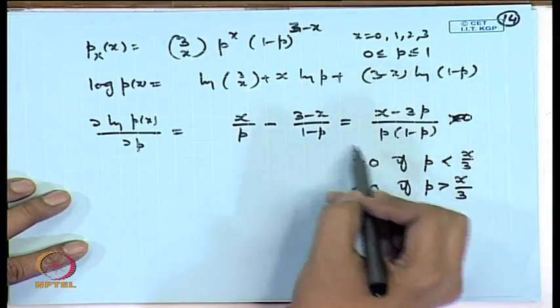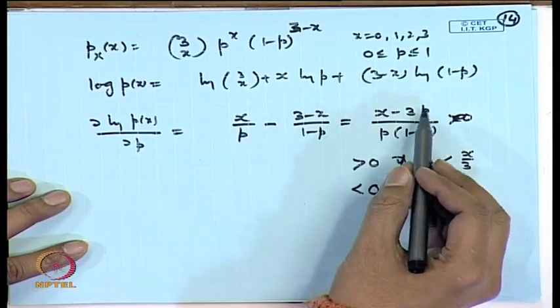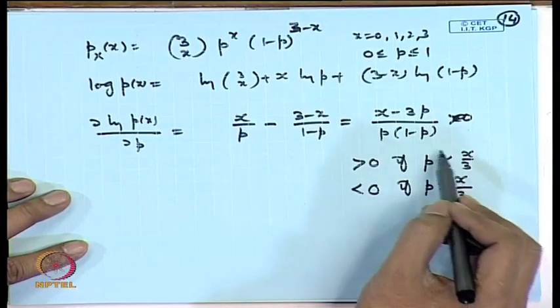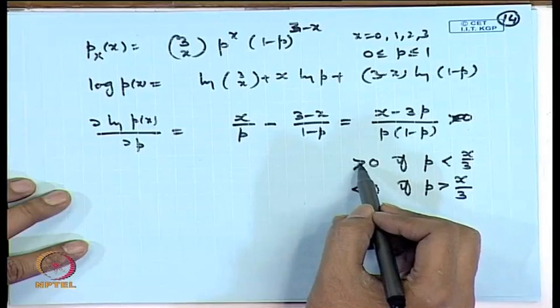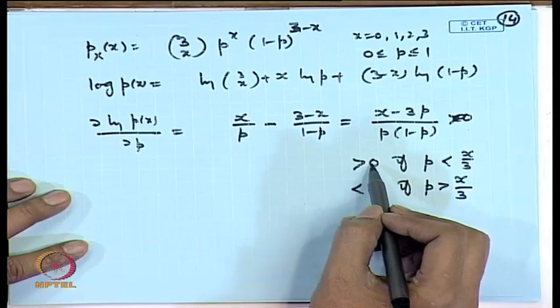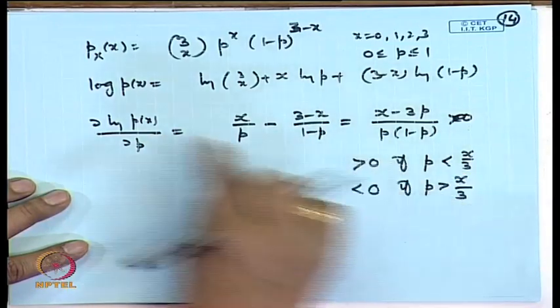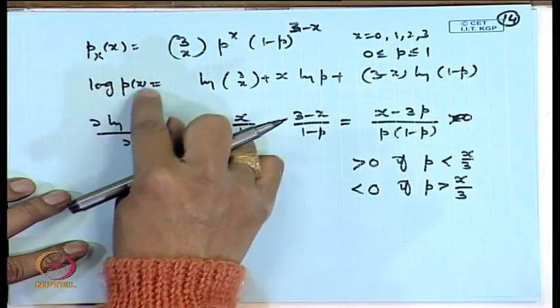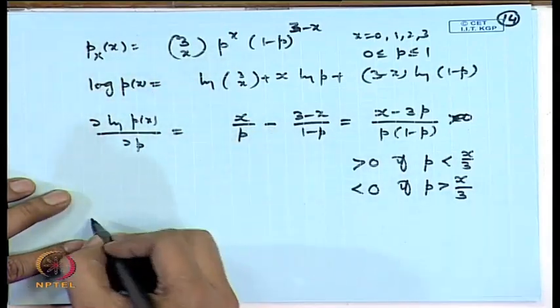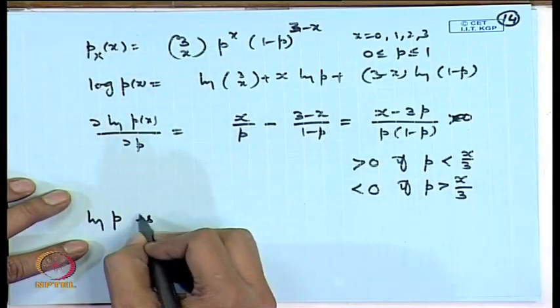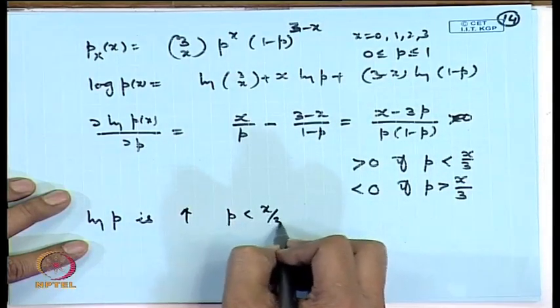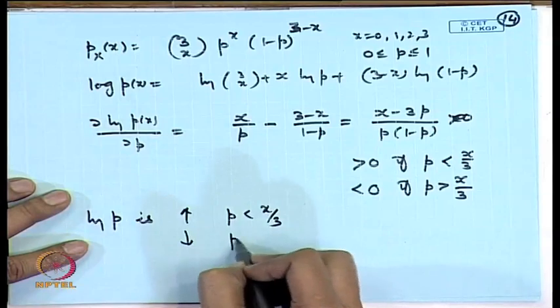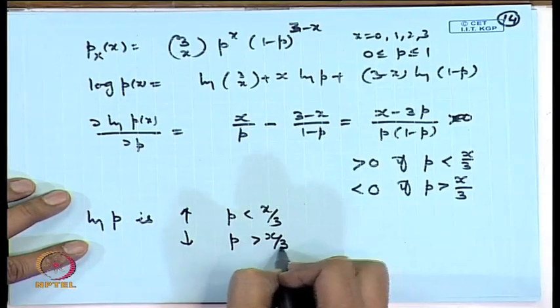So, if we look at this derivative with respect to p as a function of p, I have the behavior as positive or negative in certain regions. As a consequence, I know the behavior of log L. That means log L is increasing up to p less than x by 3 and it is decreasing for p greater than x by 3.